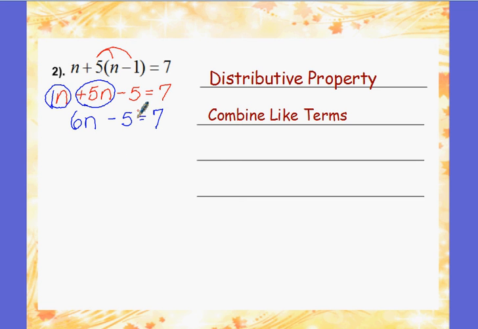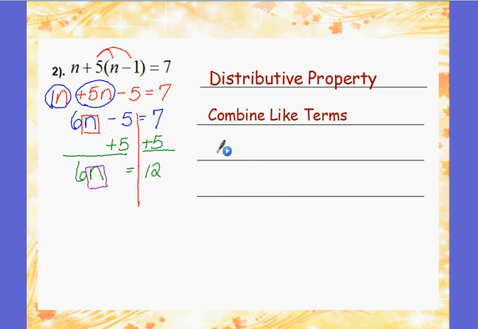My goal is to isolate the variable. I want n alone. The negative 5 is the least attached. The additive inverse would be positive 5. I have to use the opposite. I would like this negative 5 to move over, so I use its opposite, it combines to 0, it's no longer there. So I currently have 6n equals 12. We still want n alone.